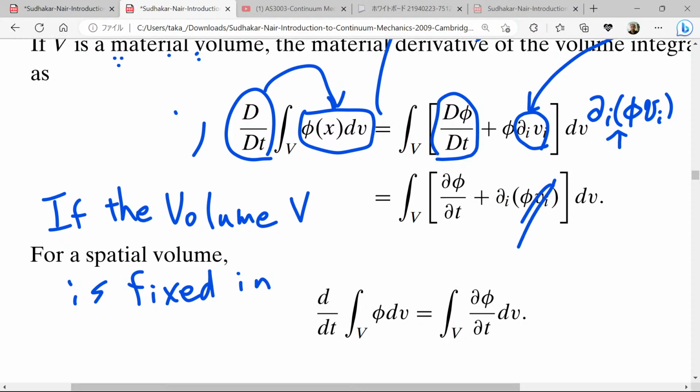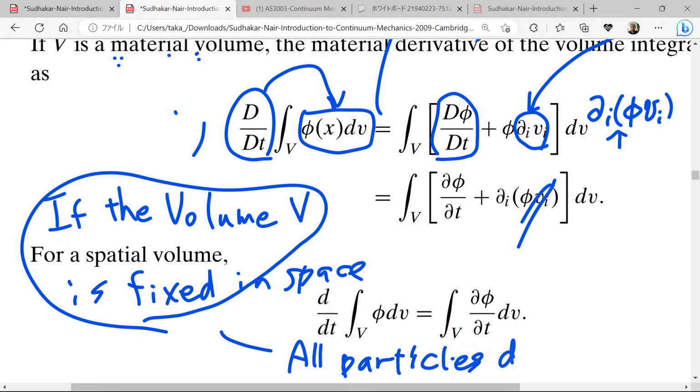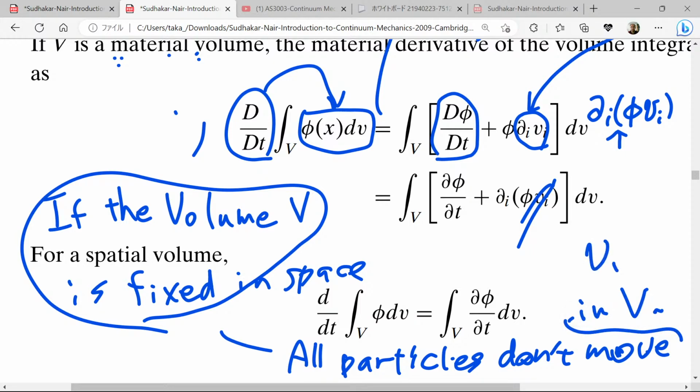Because this means all particles don't move in V, so vi is zero.